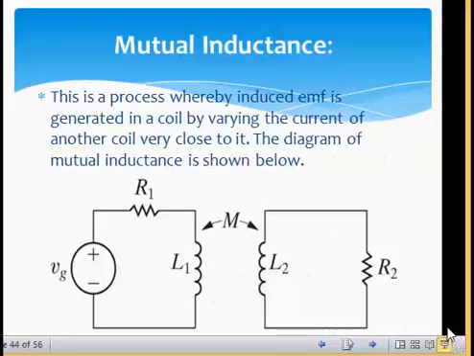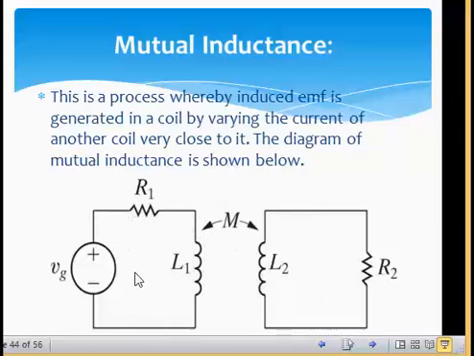You have two coils. One coil is brought close to another coil that has a current source connected to it, and this current source changes. It's called mutual inductance because it's an induced EMF in the coil due to the change in current of another coil.